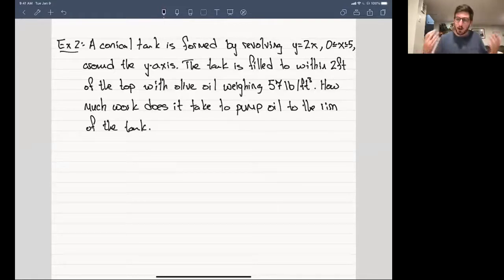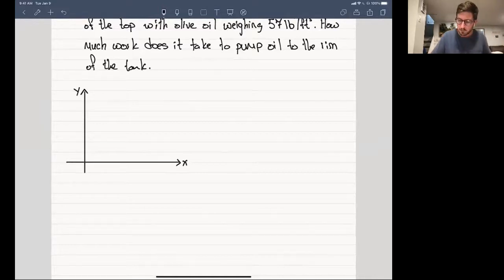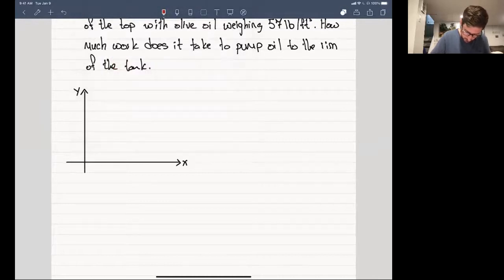Okay, obviously this is a surface of revolution problem, so we need to start with a sketch just so we can see what we're dealing with here. So let me take this on for a second. This is the x-axis, this is my y-axis. Remember, x and y are going to be measured in feet, and we've got y is equal to 2x.